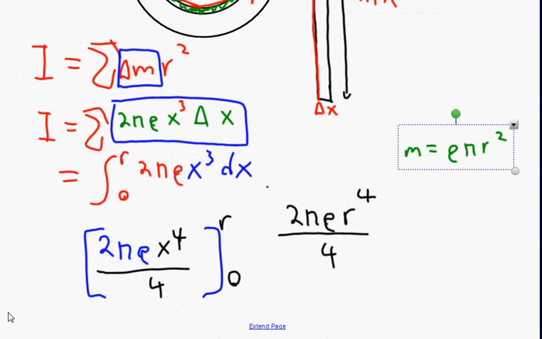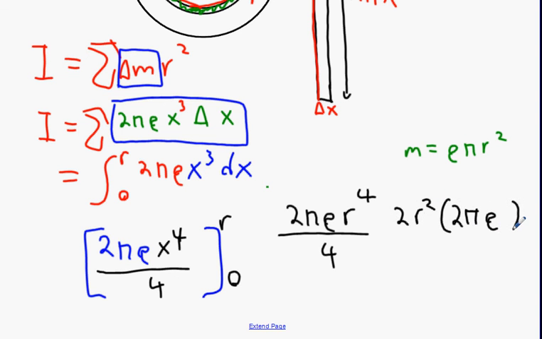Can we make rho pi r squared out of that? We can change this into 2 r squared multiplied by 2 pi rho over 4. Everybody happy enough with that? 2 by 2 is 4.